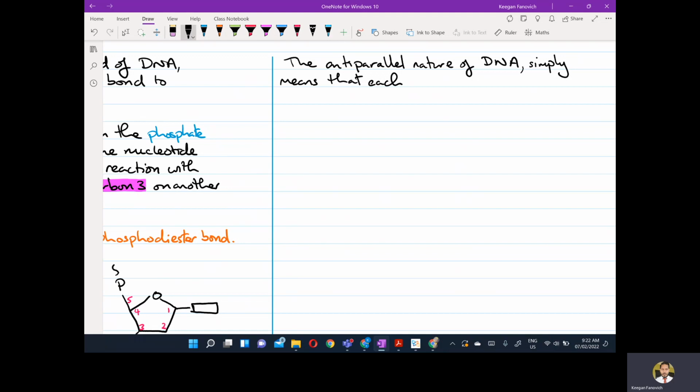Right? The antiparallel nature of DNA simply means that each strand runs in the opposite direction from the other. Right? Each strand runs in the opposite direction from each other.